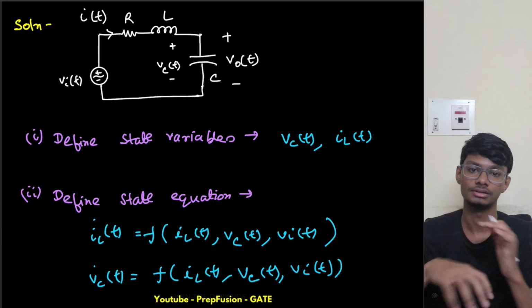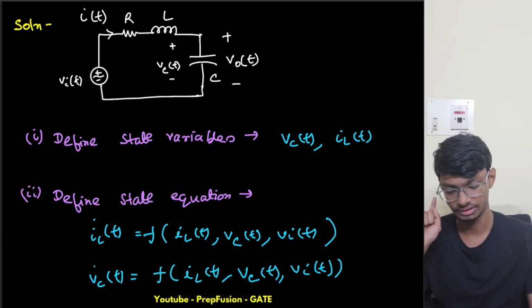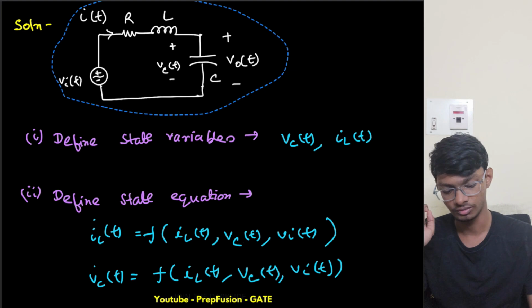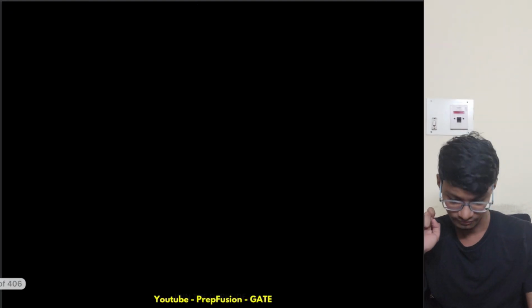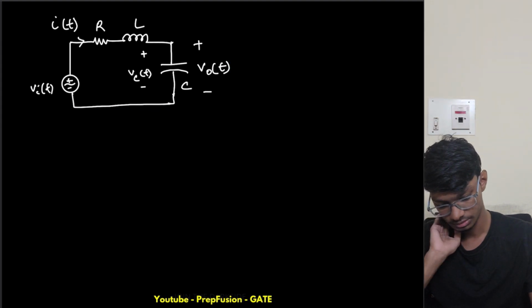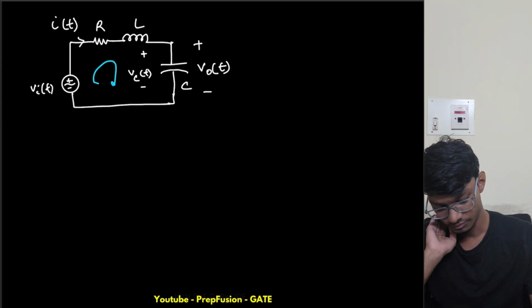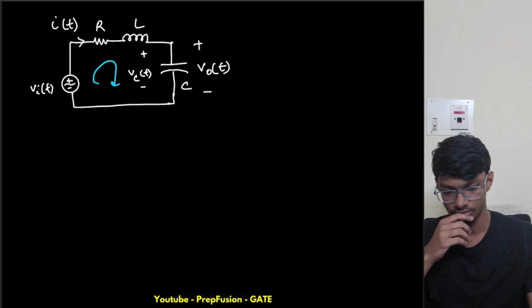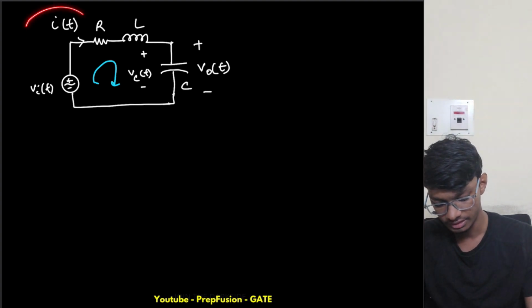Now simply apply KVL and KCL in the circuit. From there we will solve the circuit and find our equations. So first I will apply simple KVL. If I apply simple KVL, what do we get? Instead of writing I of t, I will write IL of t.